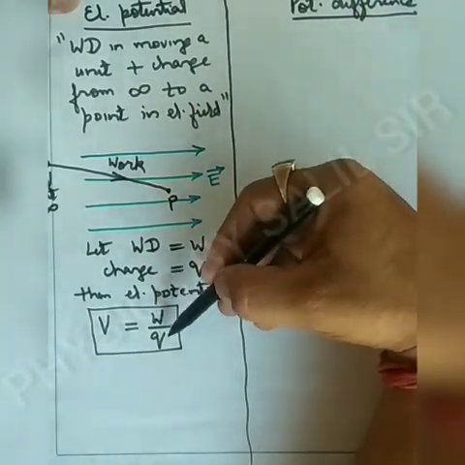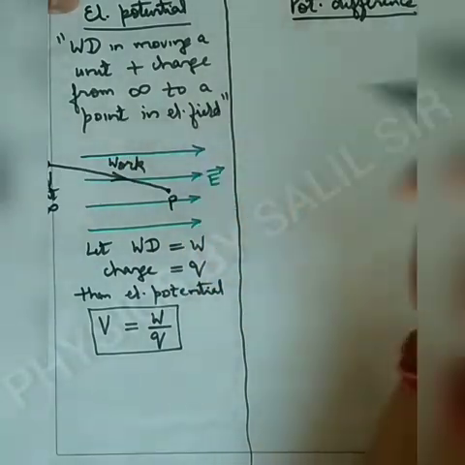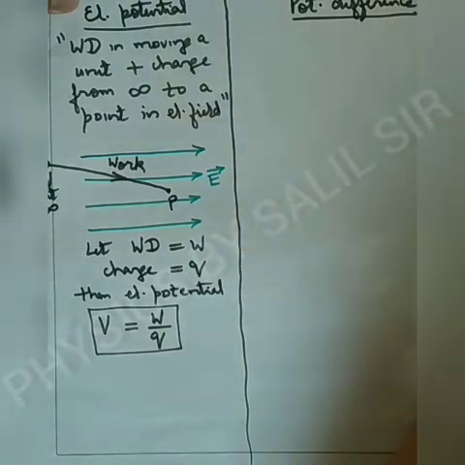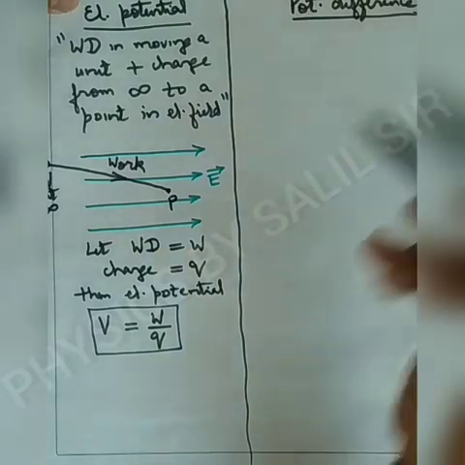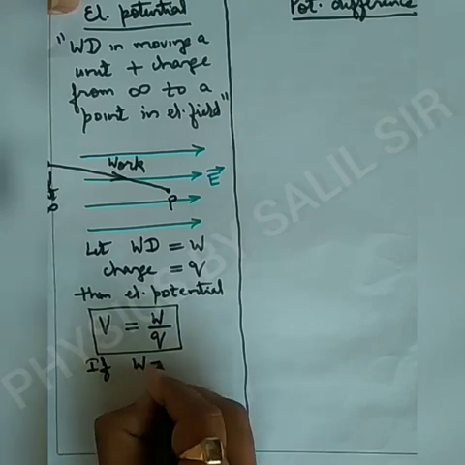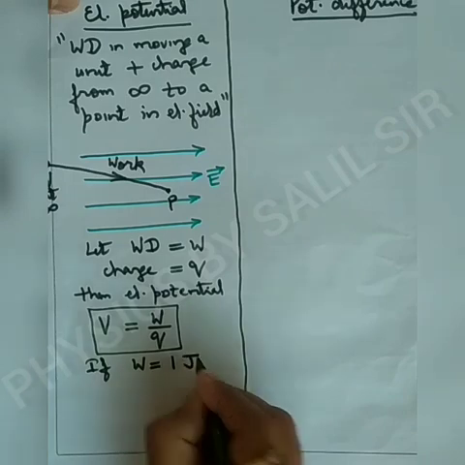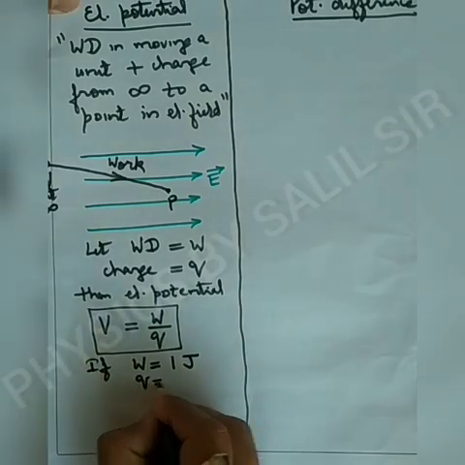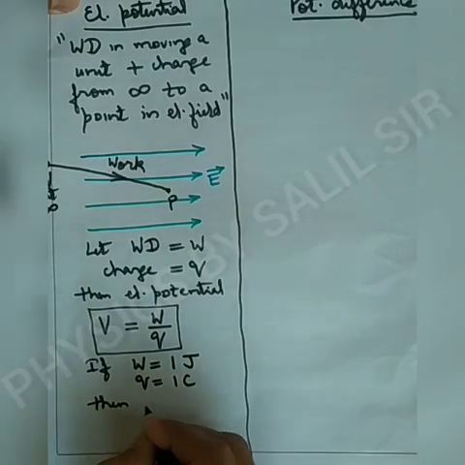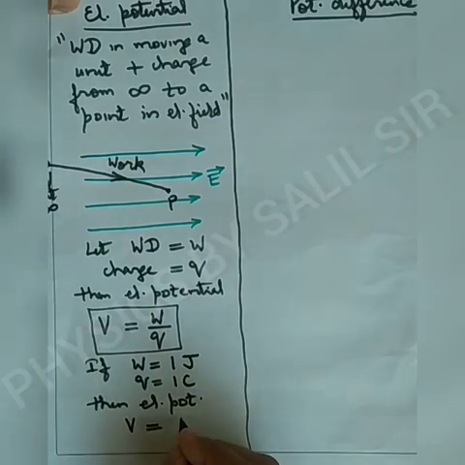It is the work done in moving a unit positive charge from infinity to a point in electric field. Q is the unit charge. Unit means 1, it is assumed to be 1 coulomb. Now, if the work done in bringing 1 coulomb charge from infinity to a point in electric field is 1 joule, then electric potential V will be equal to 1 joule upon 1 coulomb.